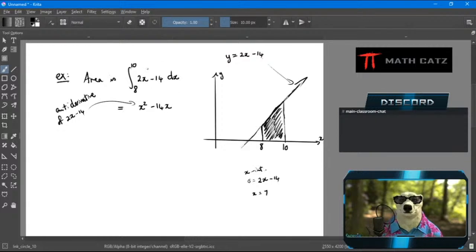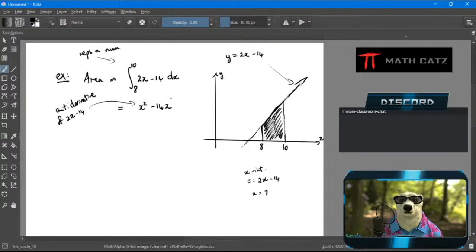Now, I can't leave my answer like this because the area answer is a number. So this represents a number, yet my antiderivative is a function. Those two things are not always equal.